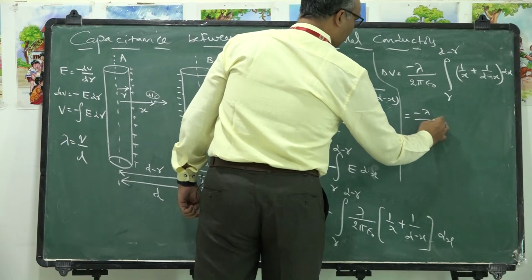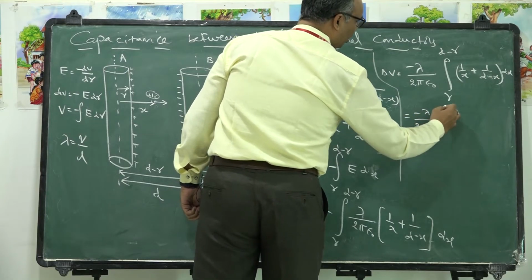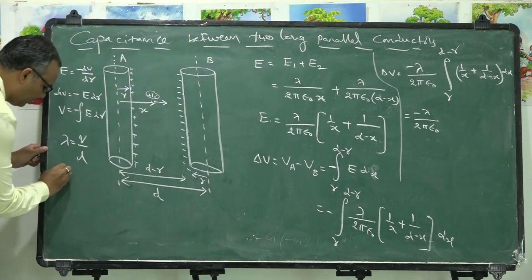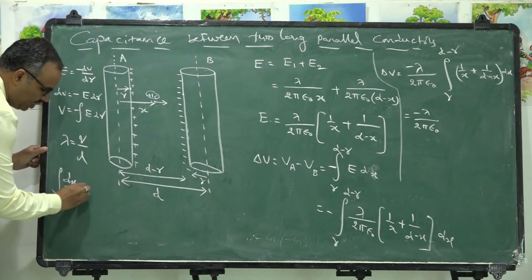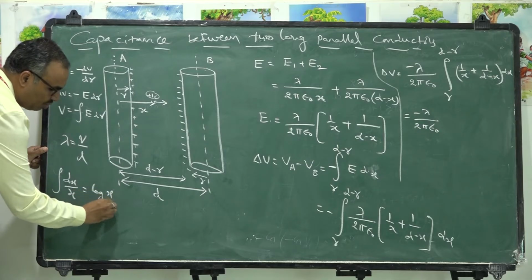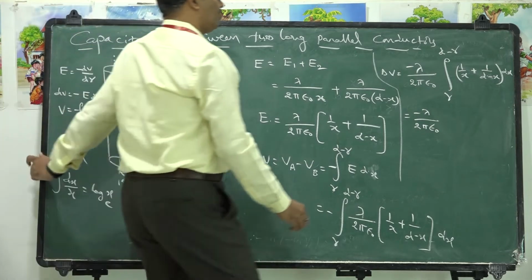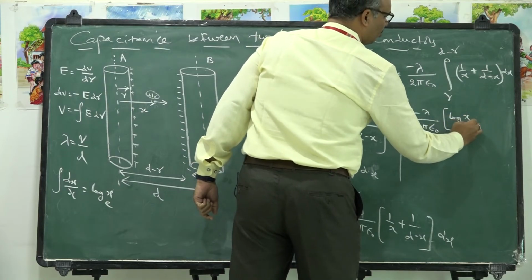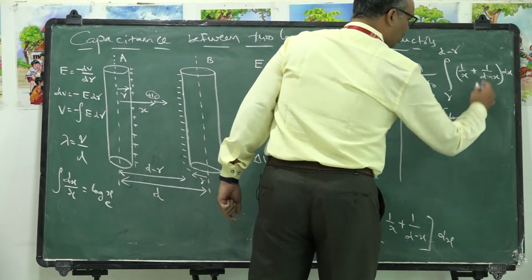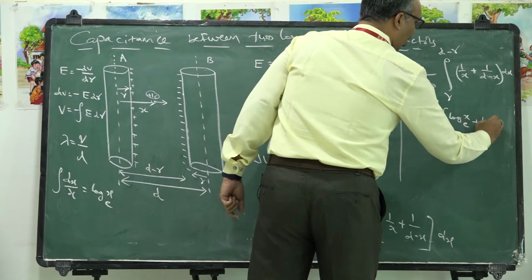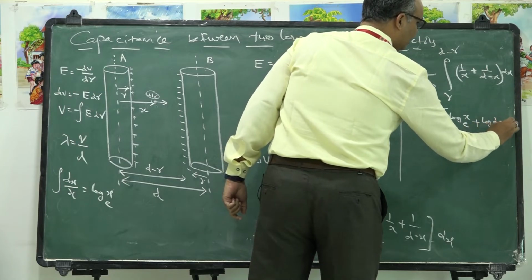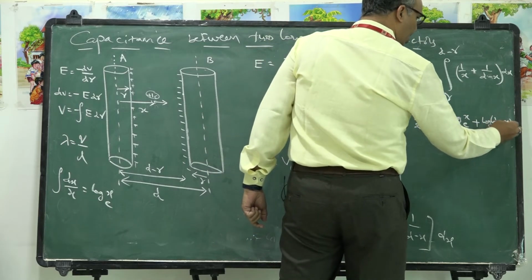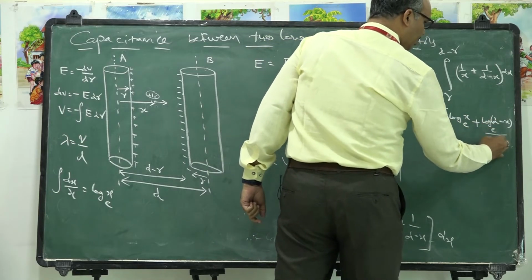So minus lambda by 2 pi epsilon naught, integral dx by x is log x. There is a formula in integration. Integral dx by x is log x to the base e. So based on this formula, the first value becomes log x to the base e. The second value becomes log d minus x to the base e. Again for d minus x, if you take the derivative, it becomes minus 1.